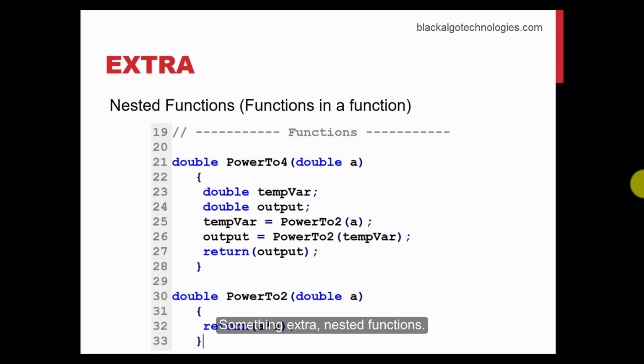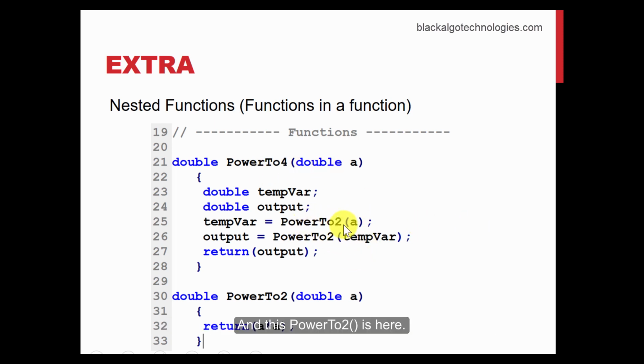Something extra, nested functions. You can have a function in a function. So for example, this function, power to 4, basically what it does is that it takes whatever input and raises the power of it to 4. Basically, I square it twice. So in this power to 4, I use this function called power to 2.